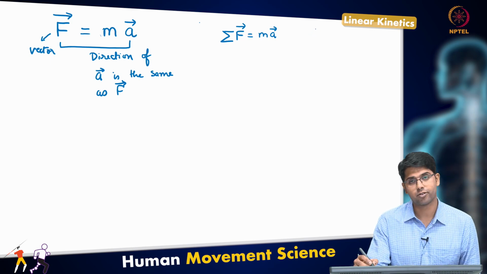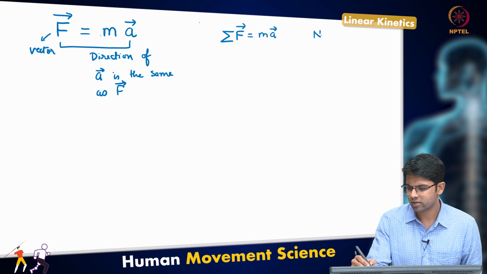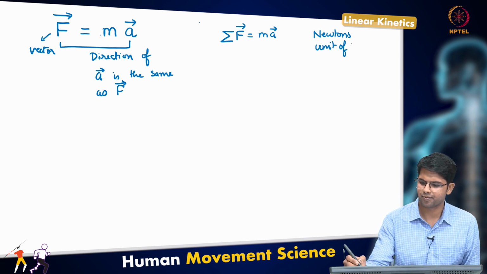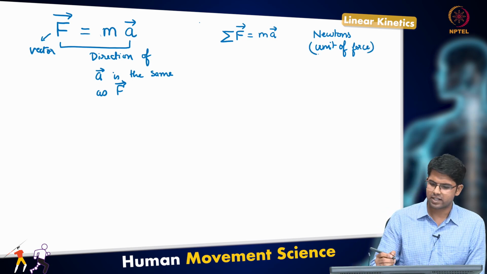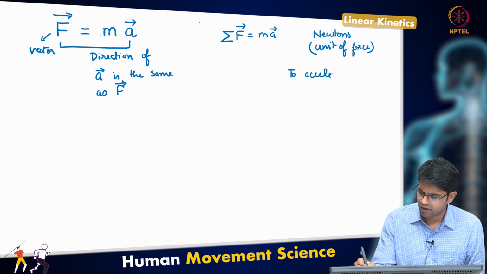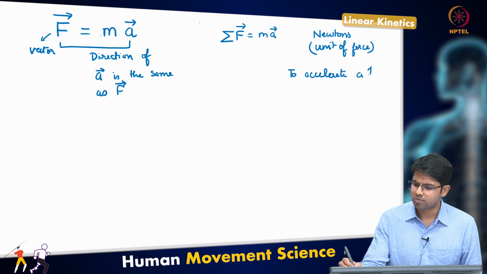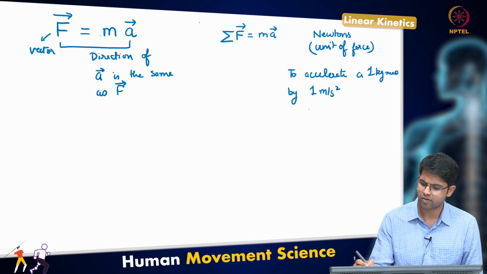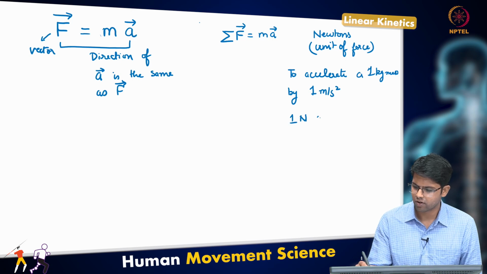The international system of units for this is newtons, which means that to accelerate a 1 kg mass by 1 meter per second square, 1 newton of force is required.